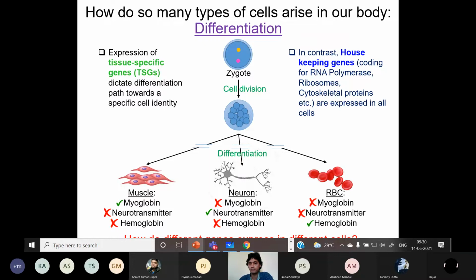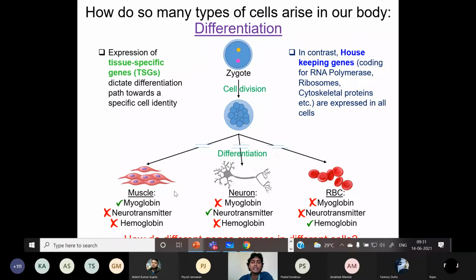And how does that happen? Here on the left side, I am mentioning that expression of tissue specific genes dictates the differentiation path toward a specific cell identity. As a result, just a very crude and basic example I am providing here: during differentiation, say these are muscle cells.